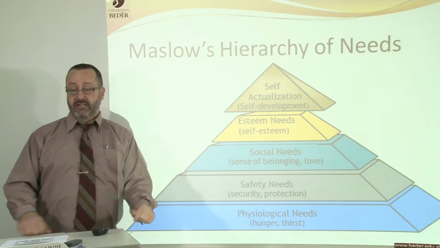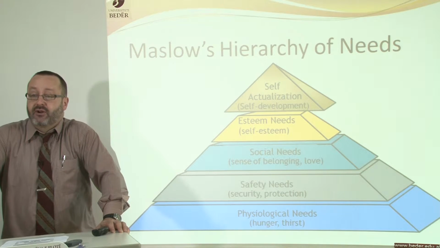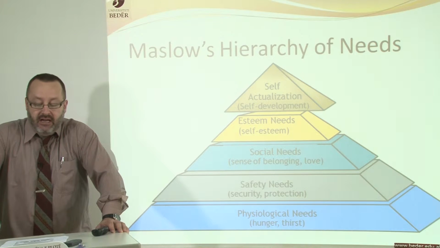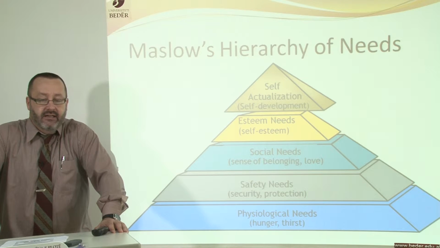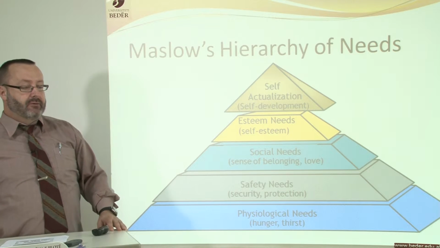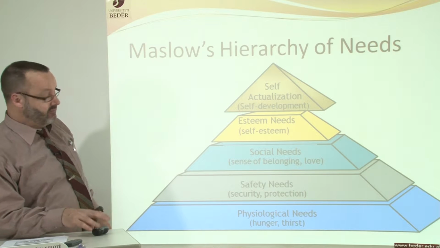Getting into social needs, this exists in some animals, also exists very widely in human beings, the sense of belonging and the sense of love, belonging to a family, being in a committed, reciprocal, romantic relationship, marriage being the most common example.